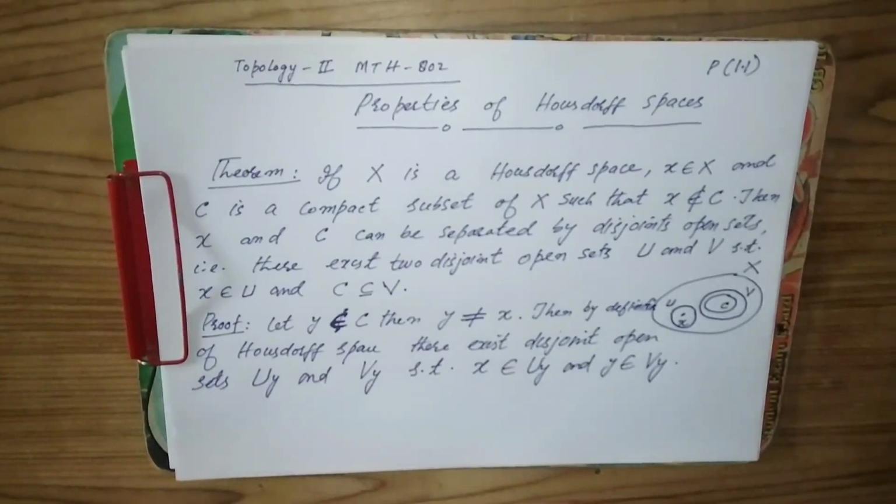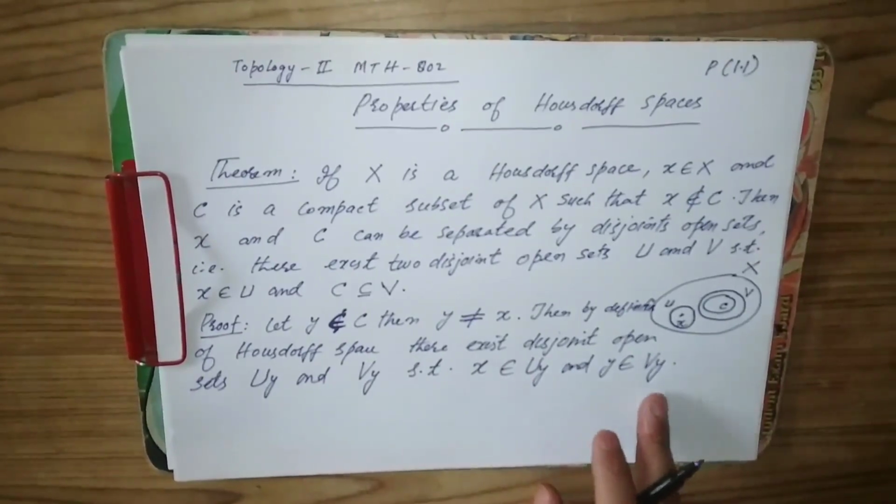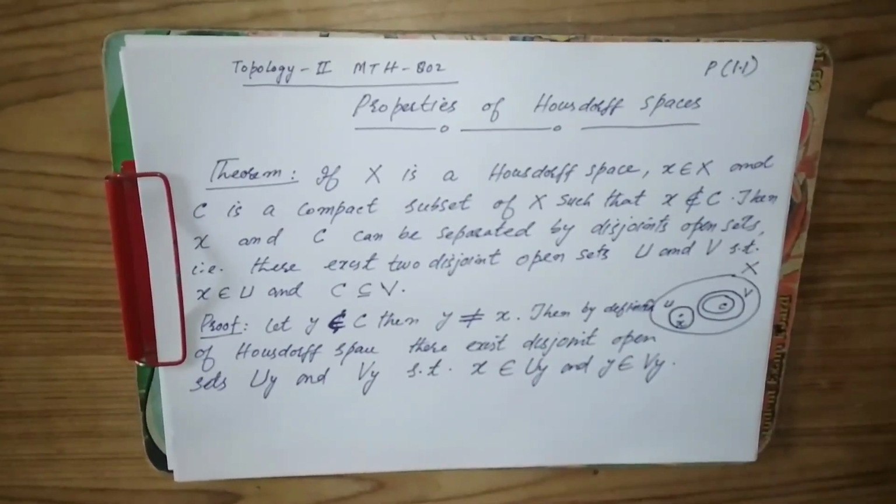So for any y which is in C, I can find a neighborhood Vy which contains this point y.